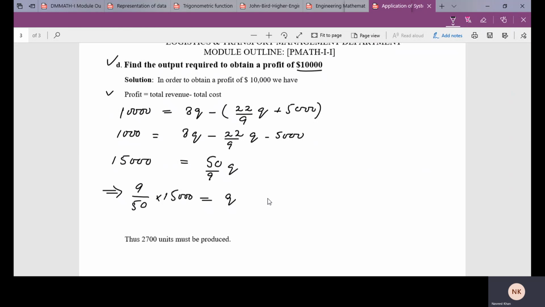So this implies that Q is equal to, after simplification, the total output will become 2,700 units. 2,700 units must be produced to get a profit of 10,000. If we want a profit of 10,000, we definitely need to sell Q equal to 2,700 units.